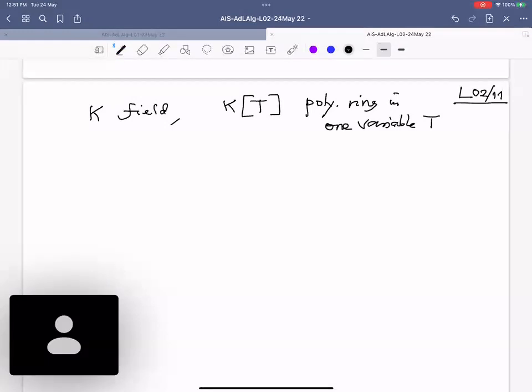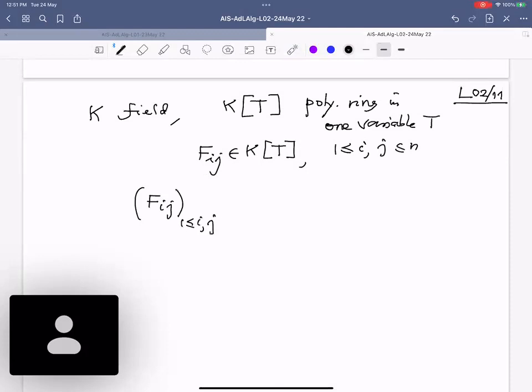And I take the polynomials Fij, capital Fij's are polynomials in one variable, 1 less equal to i, j less equal to n. And I want to form the matrix Fij. This is the matrix. Remember, this is not over a field.